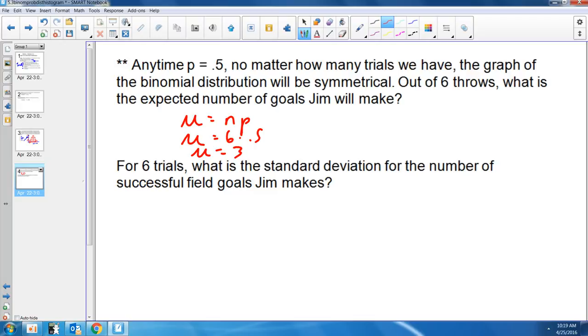What's the standard deviation? The standard deviation is going to be the square root of n times p times q. This is going to be 0.5 times 0.5 times your n, which is also going to be 6.